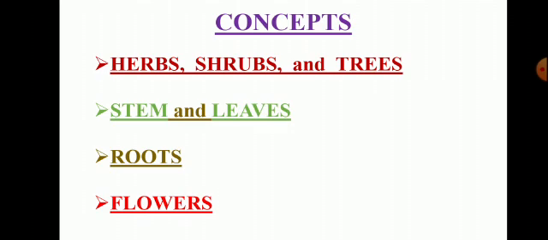These plants are not only our source of oxygen but also the major source of food that we eat. So the role of plants is very important in our life. We depend on plants for our food.